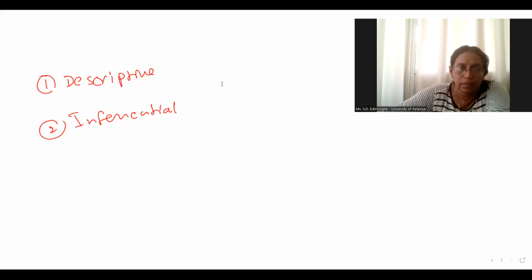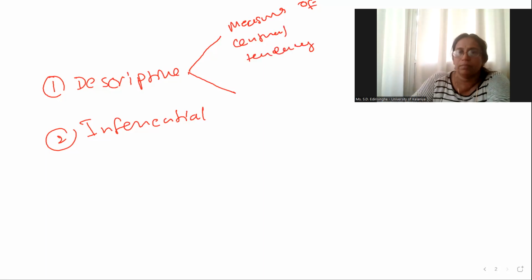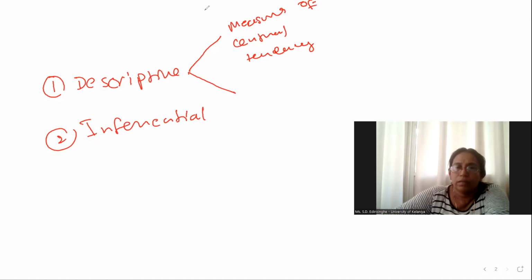In descriptive statistics there are several important measurements, such as measures of central tendency: mean, mode, and median.